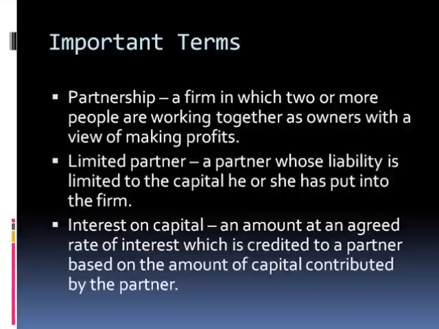It's an amount at an agreed rate of interest which is credited to a partner based on the amount of capital contributed by the partner. So therefore, interest on capital is an amount which is worked out based on the amount of capital that the particular partner has contributed, my friends. This will be demonstrated to you later on in the video presentation.